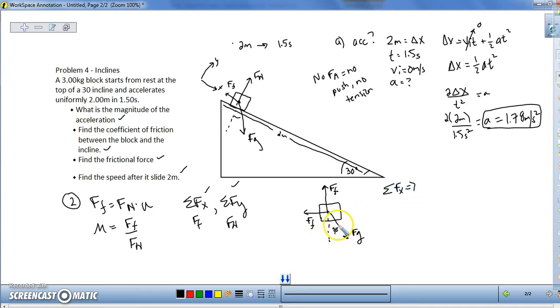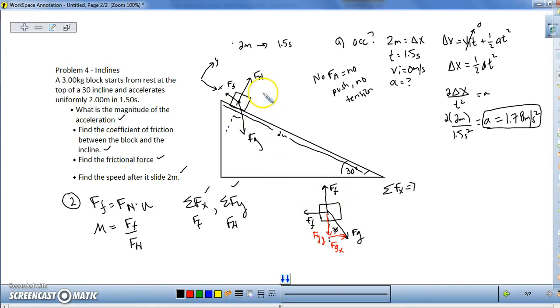My x equation looks like the following. You can see that I have a piece here, FGX, and a piece here, FGY. Friction is backwards.